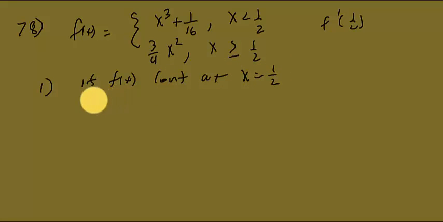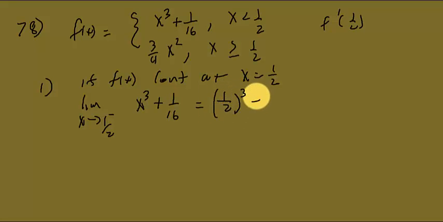How do I do that? I take the limit as x goes to 1/2 from the left side, which means I use the top one. That means x to the third plus 1/16, and that is going to be 1/2 to the third plus 1/16, which is 1/8 plus 1/16.